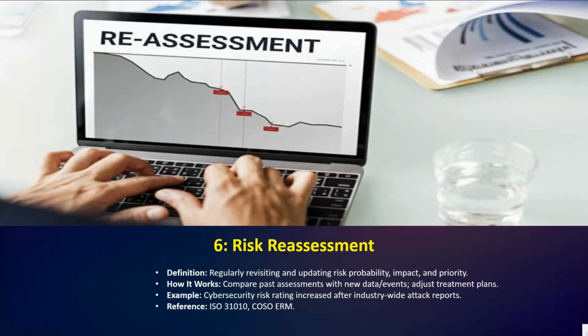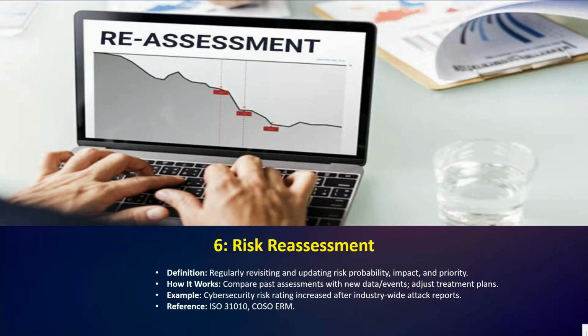Here we have the definition: regularly revisiting and updating risk, probability, impact, and priority. How it works: compare past assessments with the new data and events, and adjust treatment plans. At scheduled times, the project team revisits the existing risks using the most recent data.